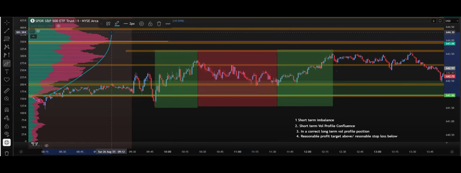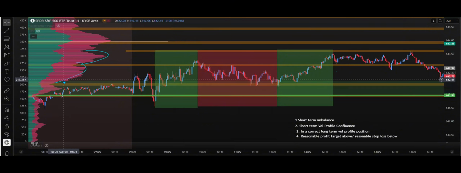You can have a larger peak like this, and you can also have smaller peaks within it that comprise it. But this entire long-term volume peak, we're at the bottom of it, right? So that should be bullish support in the long term for this price, unless it breaks through it and retests it.